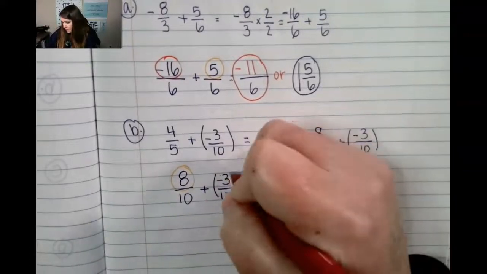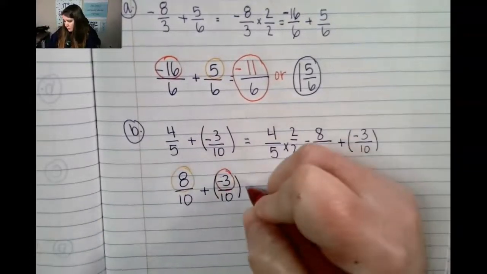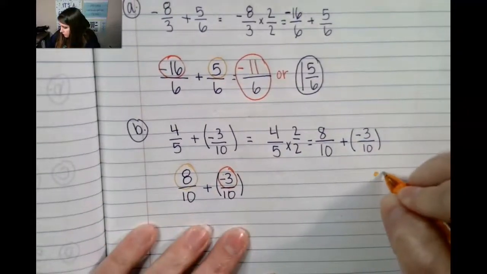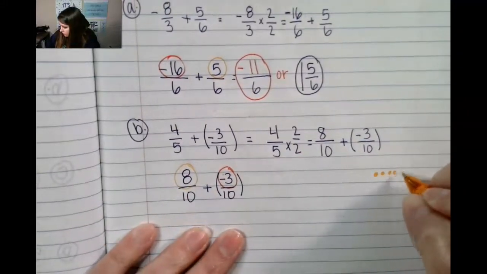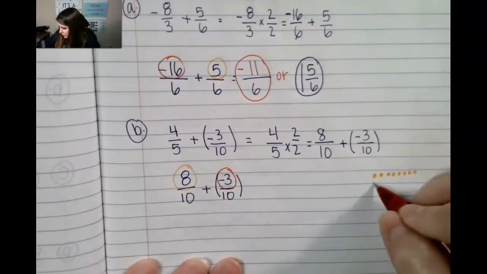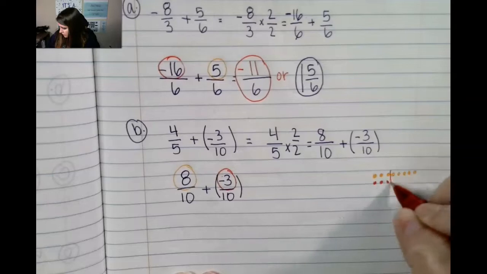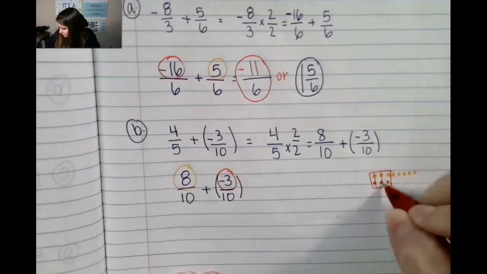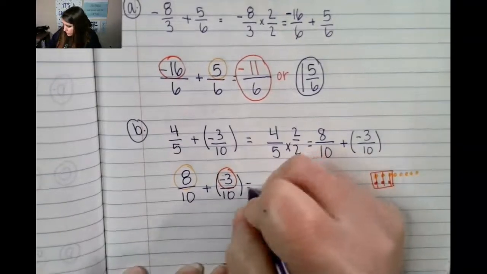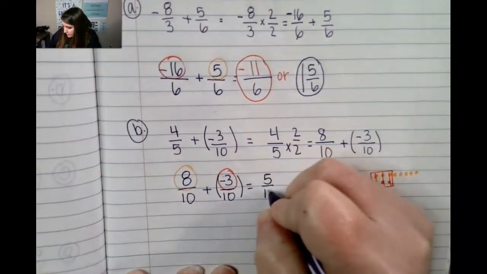And then I add on 3 negatives. So if I had 8 positives, let's do this out here. There's my 8 positives, and I add on 3 negatives. These are going to go away. And I'm left with 5 positives. So I have 5/10.